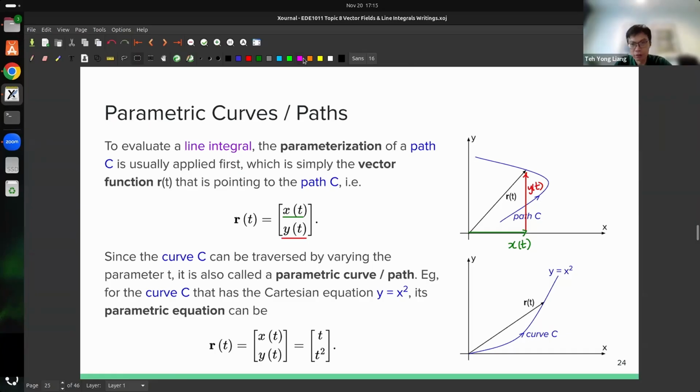So for example, at the starting point, let's say you move from this point to the final point here, right? So at this point, maybe t equals 0. Okay? Then maybe at this point, t equals 1. Then maybe at this point, t equals 2. Okay? So you see where I'm going. Maybe at this point, t equals 3. Okay, so from the start point to the end point, maybe say 3 seconds or 3 units of time taken.